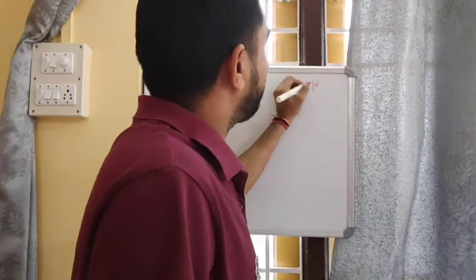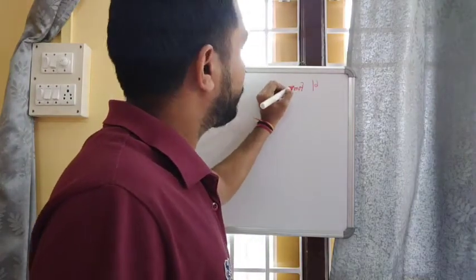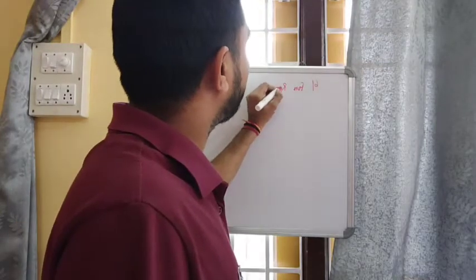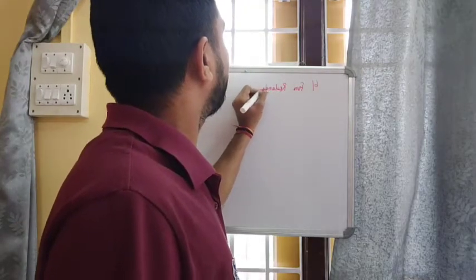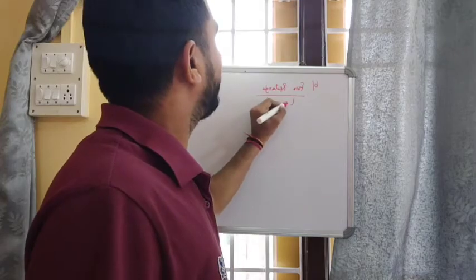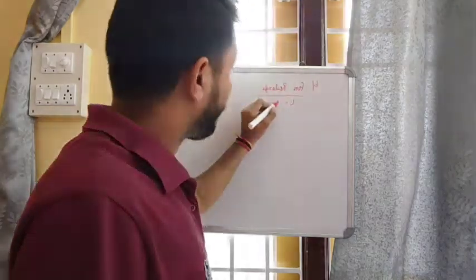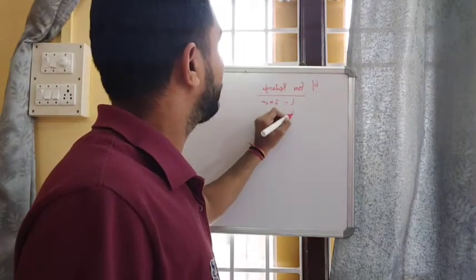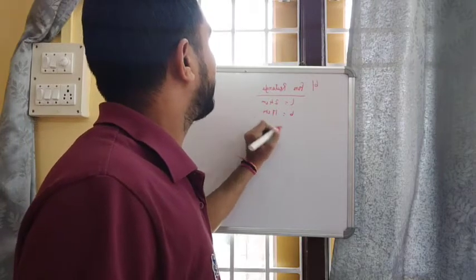So number 6. For the rectangle, length is 24 centimeter, breadth is 17 centimeter.